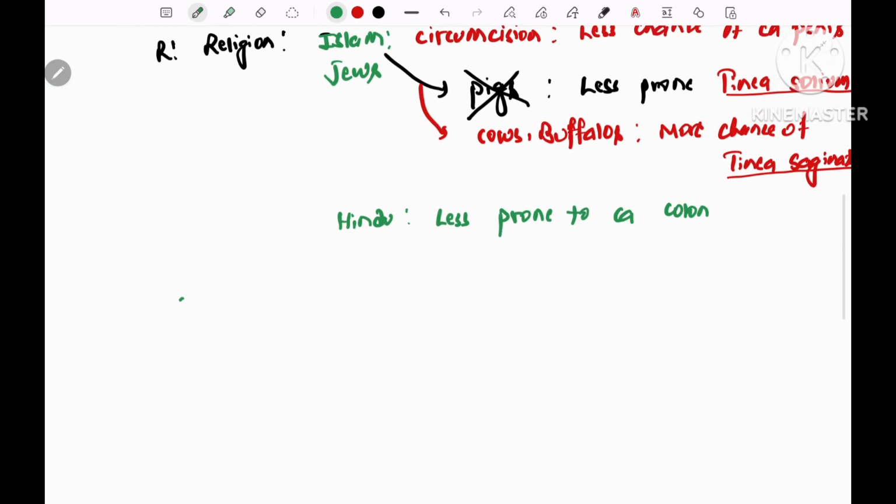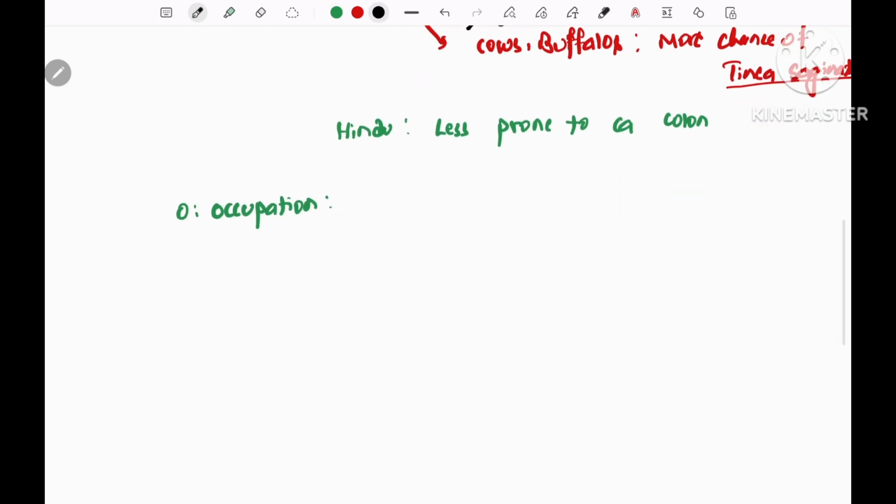So in occupation, patients who are more exposed to mines, like mine workers, have more chance of silicosis. So mine workers are more prone to silicosis.